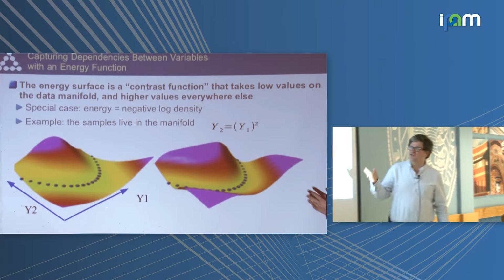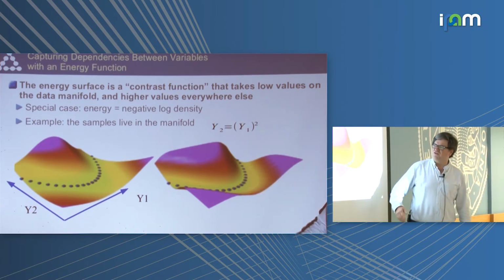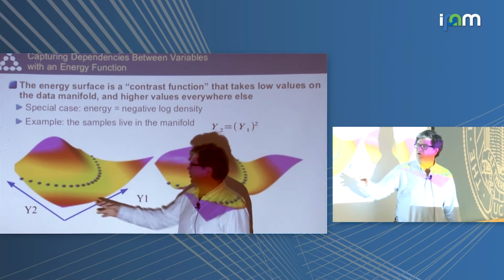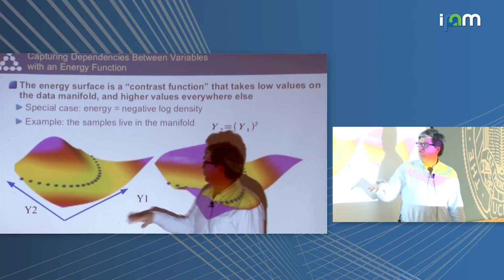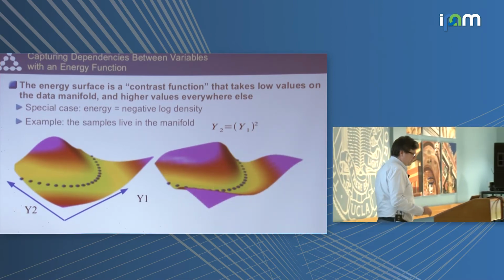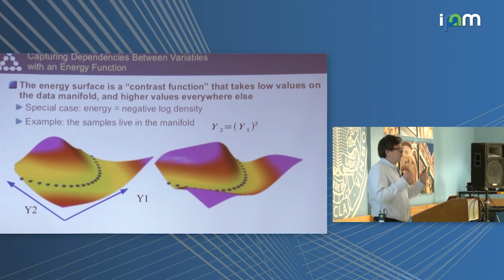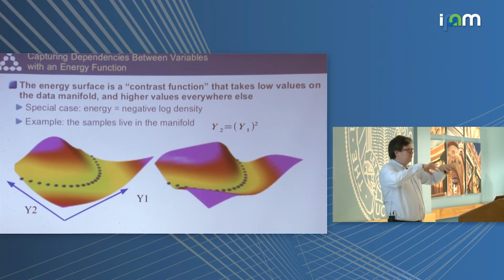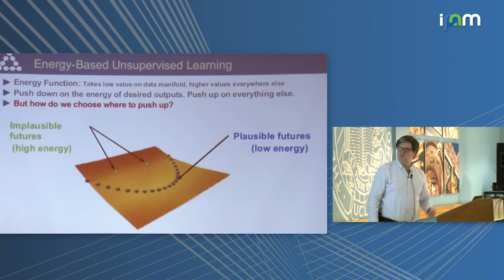There are many contrast functions that will work for a particular situation. Here we have a quadratic relation between y1 and y2, and this contrast function or that contrast function will both capture the dependency between y1 and y2. A learning algorithm will train this contrast function to take the right shape. Here is one that's learning.